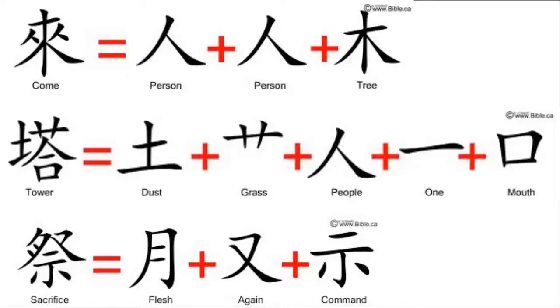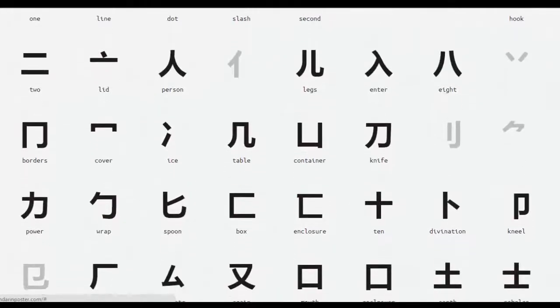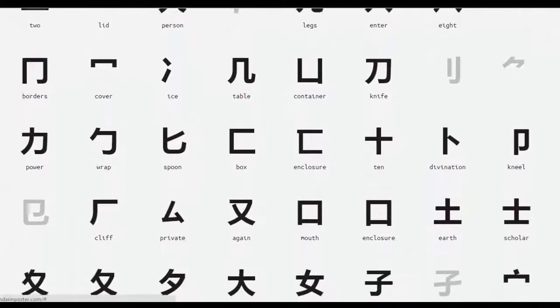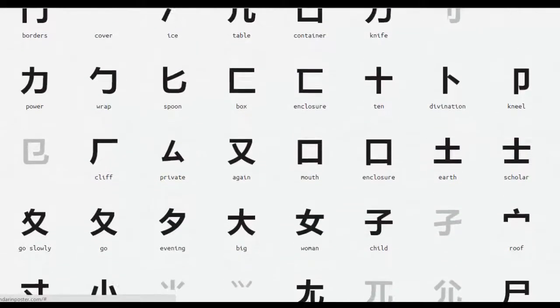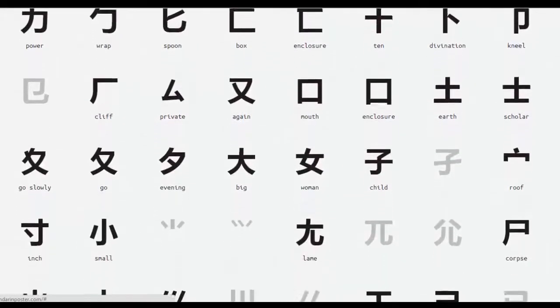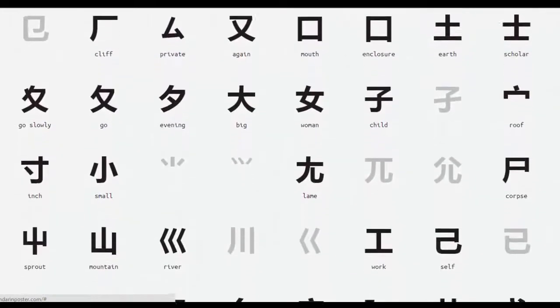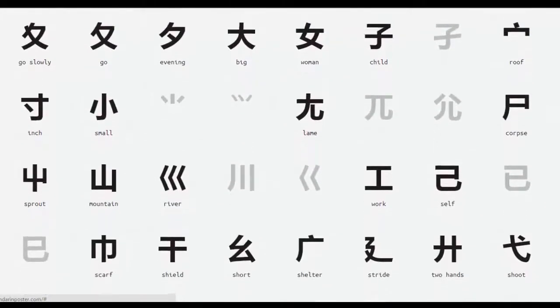There is no complete list of these components, and it is a vague term. A radical is a component, which is part of a predefined list that is used to index Chinese characters in dictionaries.